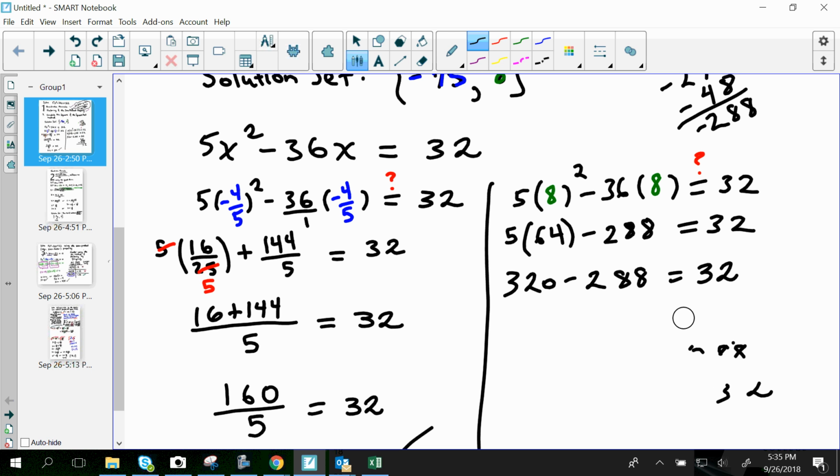Also, another way that you can tell that is 288 to get to 290 would be plus 2.